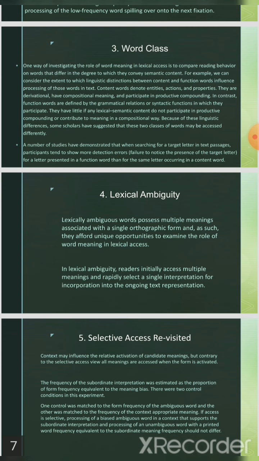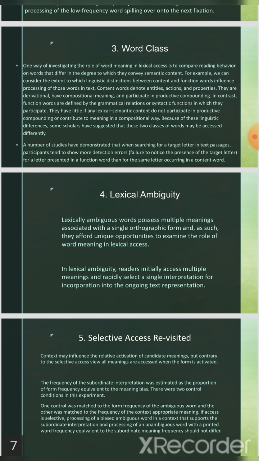Content words denote entities, actions, and properties. They are derivational, have compositional meaning, and participate in productive compounding. In contrast, function words are defined by the grammatical relation or syntactic function in which they participate.